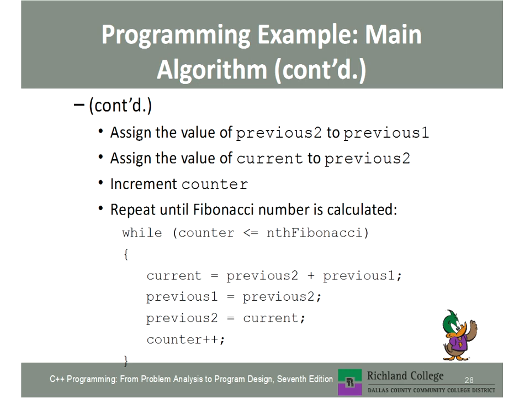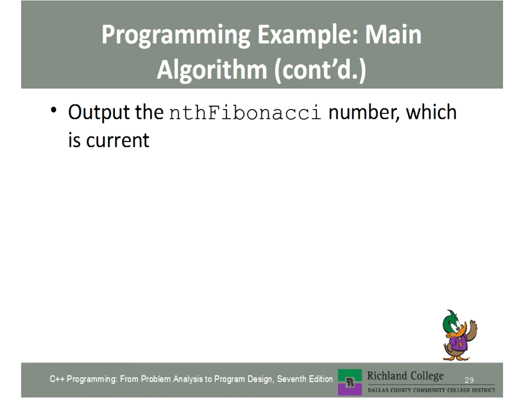And at that point, we need to set the previous 2 to the previous 1, and the previous 1 to the current. And that's going to give us the new previous 1 and previous 2 for the next iteration of the loop. And when you're done, you output the Fibonacci number.